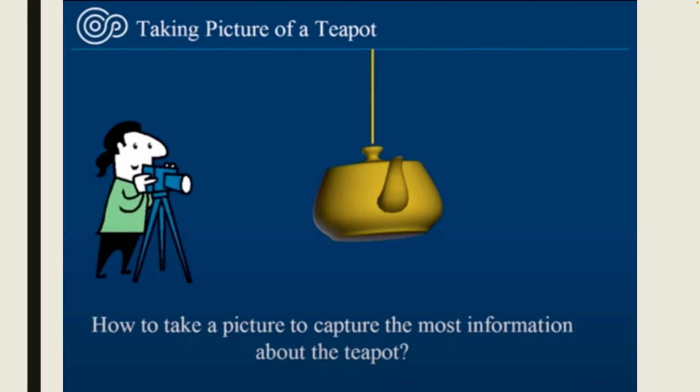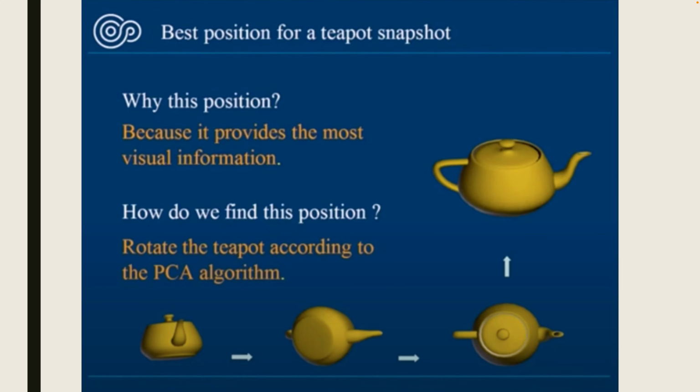They say if you're taking a picture of a teapot, how would you take the picture to capture the most information about the teapot? I think most people would agree that the top right one would provide the most information. Now, how do you find that?